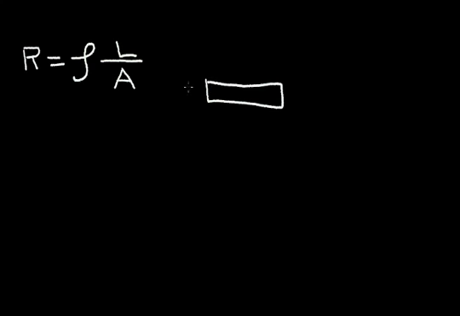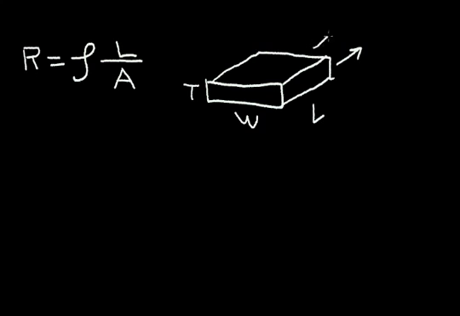Thickness that I'll call T, and a width that I'll call W, and a length that I'll call L. This is the length. Now the length is always in the direction of the current flow. So in this resistance material, the current is flowing in this direction. So let's rewrite this equation for this particular sheet of material.